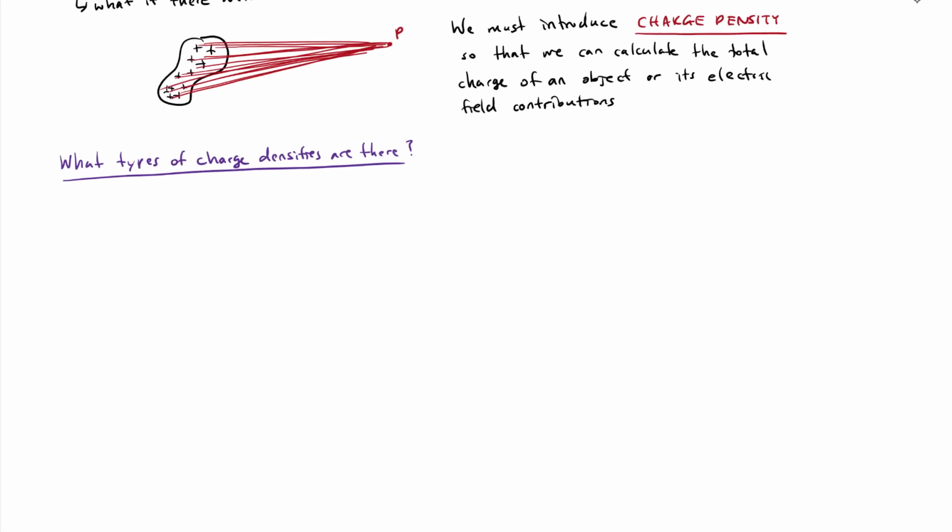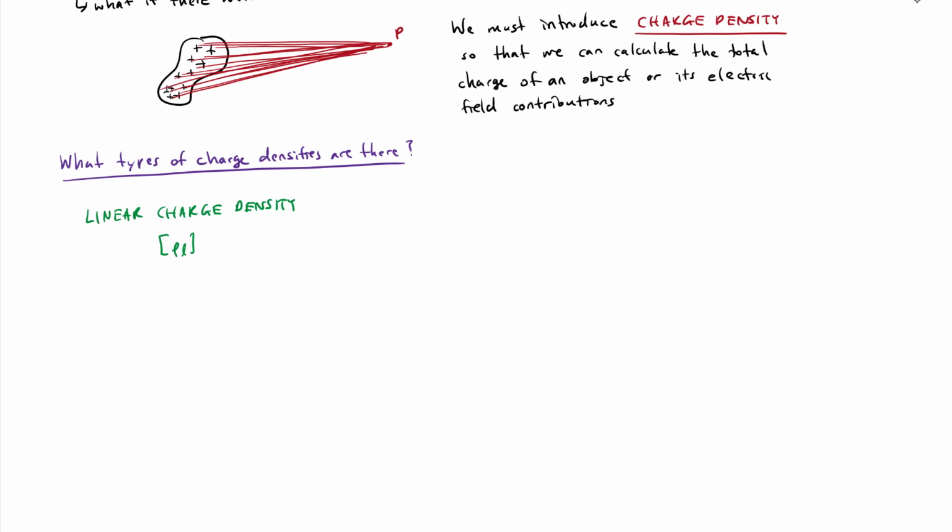So we have linear charge density, which we'll call rho L. And keep in mind, rho L we're using in this class. In physics, we usually use lambda.